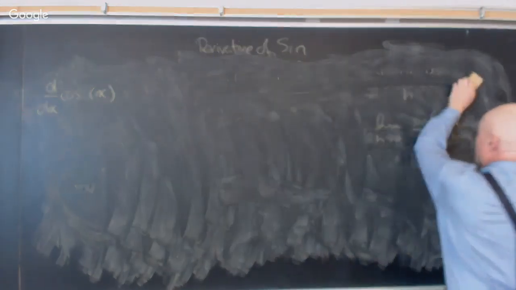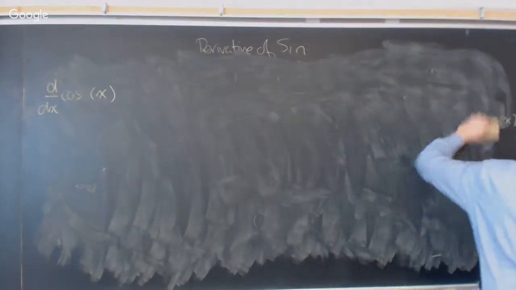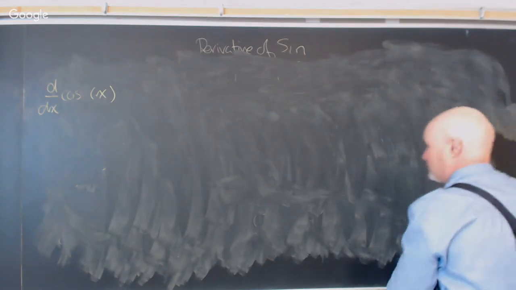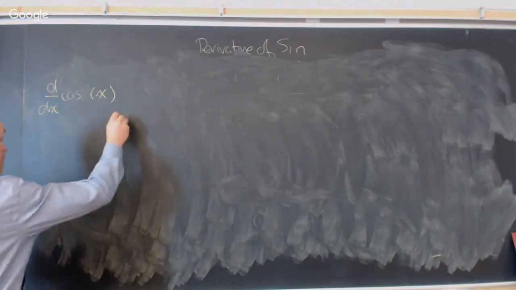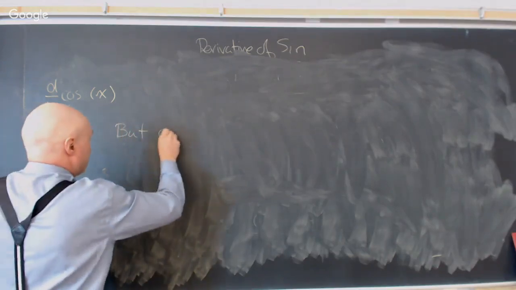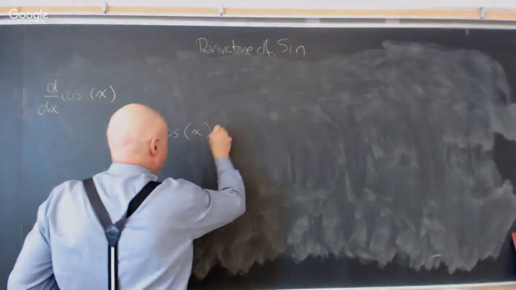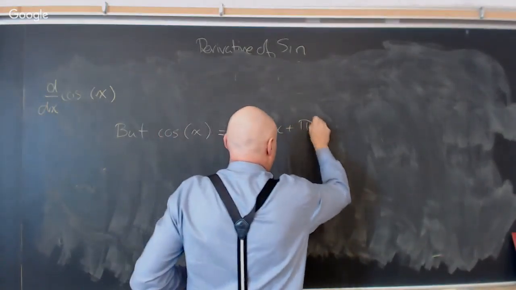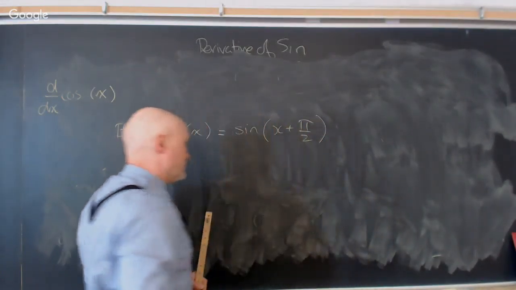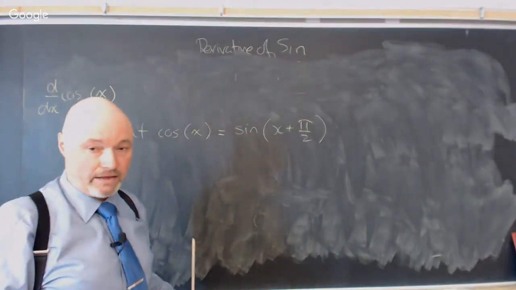That's just a lot of trouble. But I do know that cosine of x is really just the sine of x shifted over 90 degrees to the left.